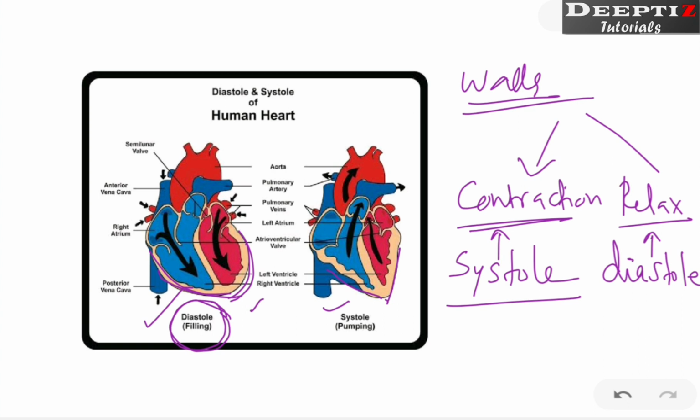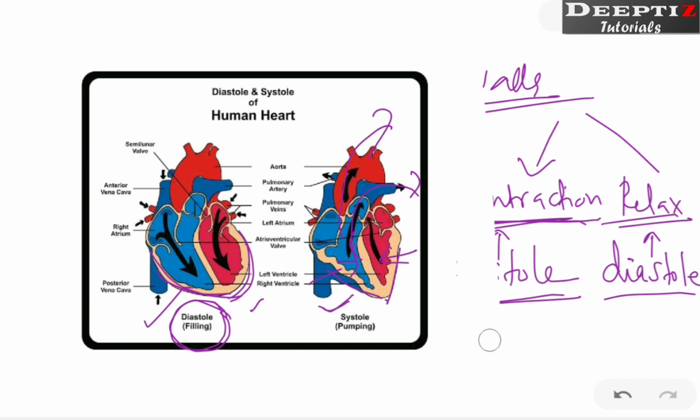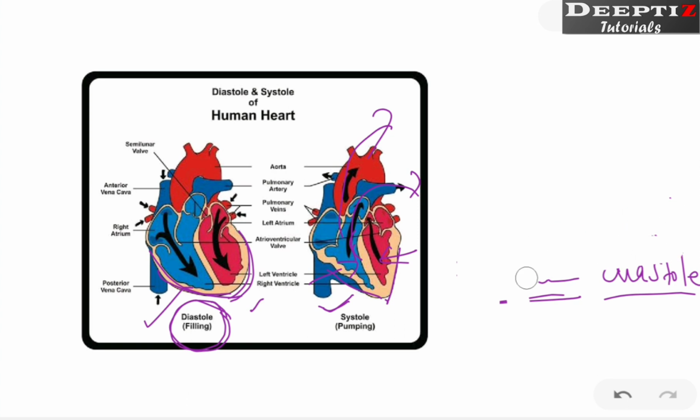The heart is going to fill with blood. Now, during systole, what happens? The heart is going to contract. There is a force, so whatever blood was filled is going to go out of the heart through the blood vessel. So heart contraction is termed as systole and heart relaxation is termed as diastole. Related to this, I am going to teach you one term, that is cardiac cycle.